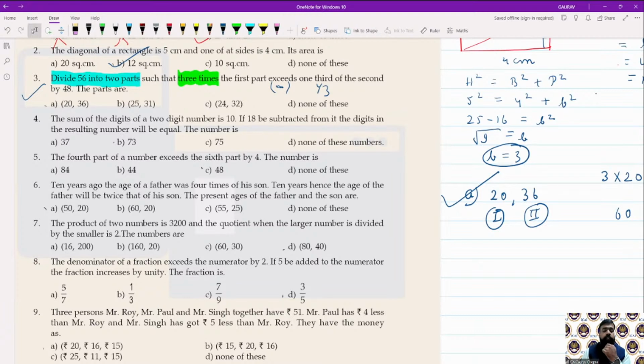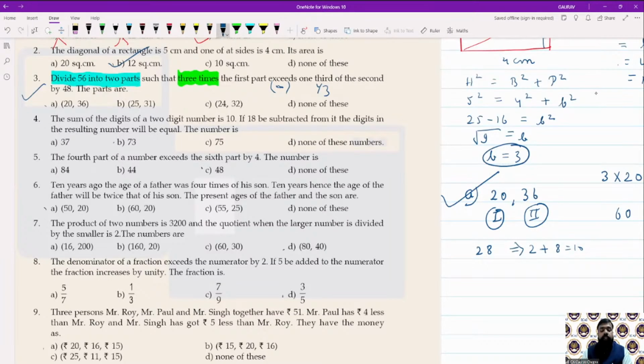The sum of the digits of a two-digit number is 10. What it wants to say is, like, the number is 28, then the sum of 2 and 8 is 10. This is the condition.